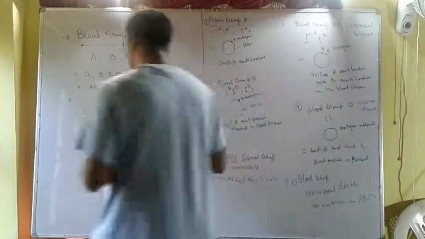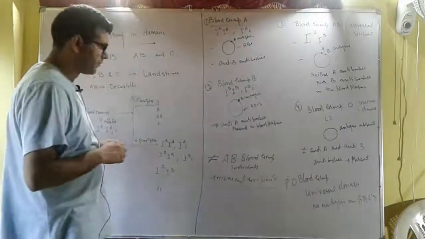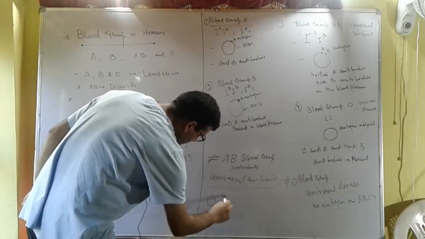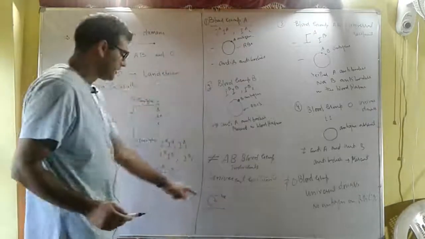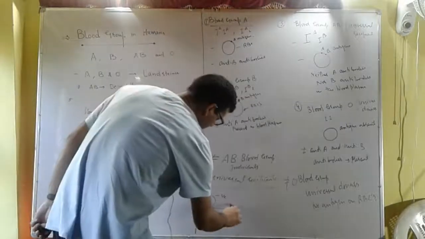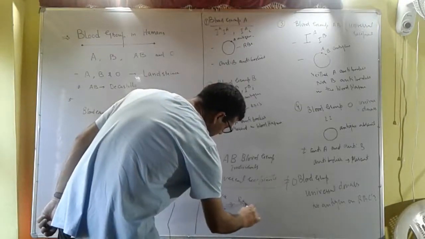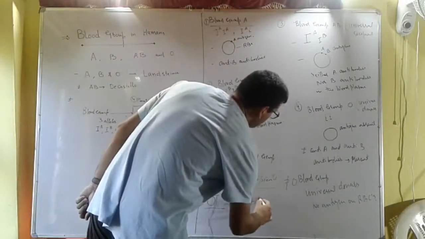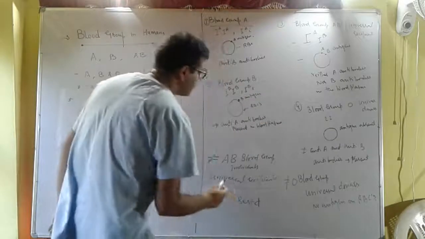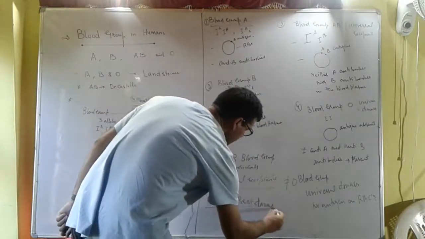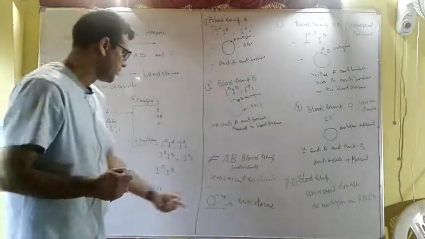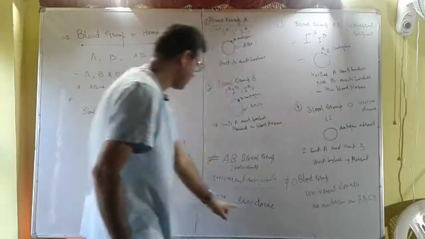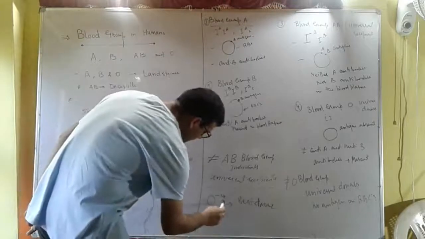And we say O negative is the best donor, because the antigens are absent. O negative means antigen is absent.